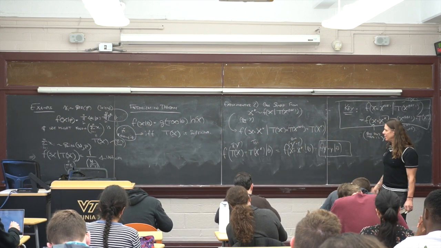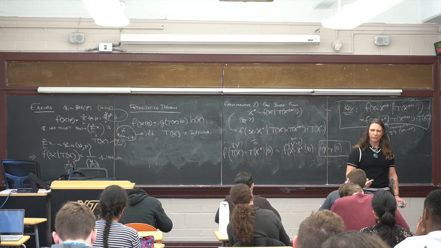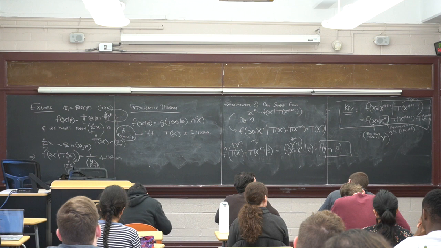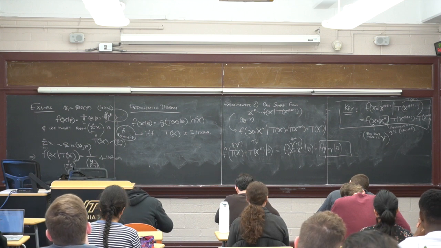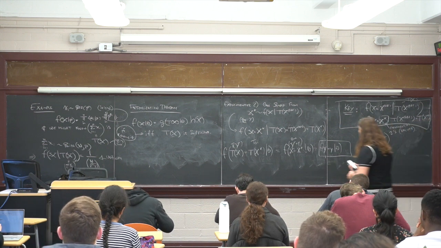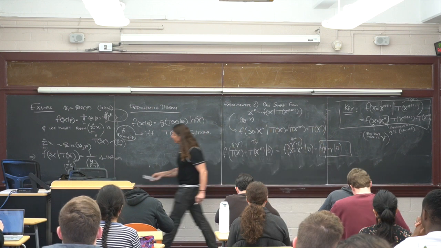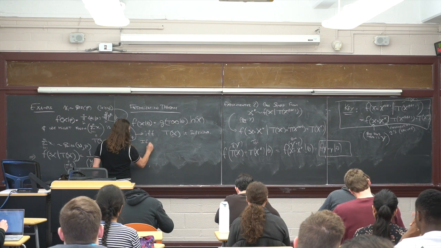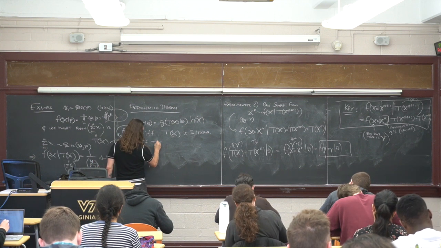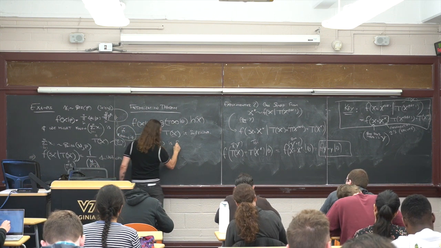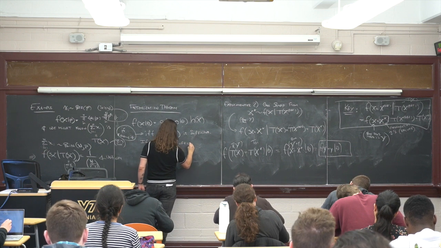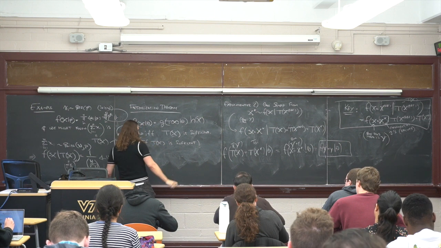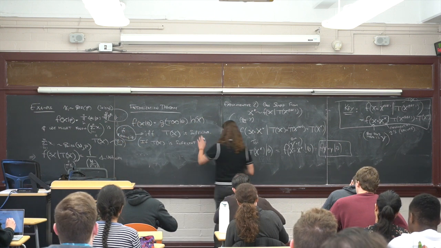So we'll start with T of x being sufficient and show that the factorization exists. Next time we'll start off by assuming the factorization exists and showing that implies that T of x is sufficient. That takes a little bit longer. So if T of x is sufficient, this is one direction of the proof. So we'll prove that this is true.